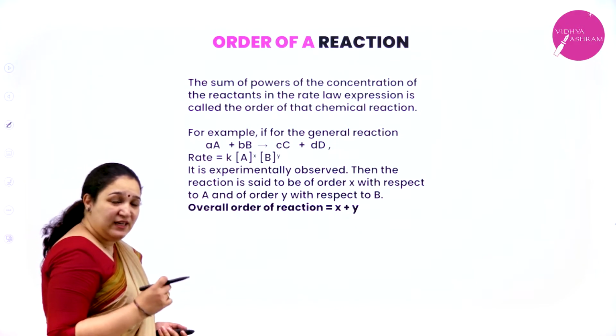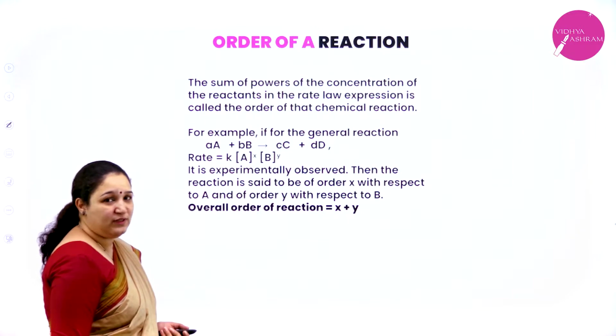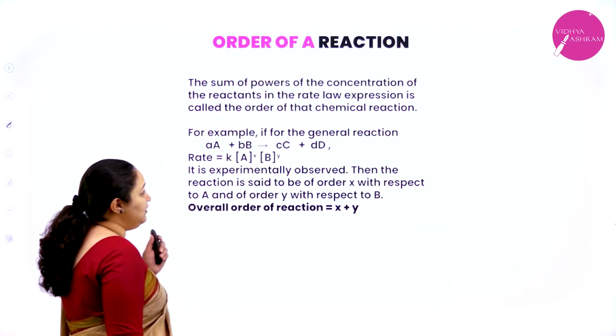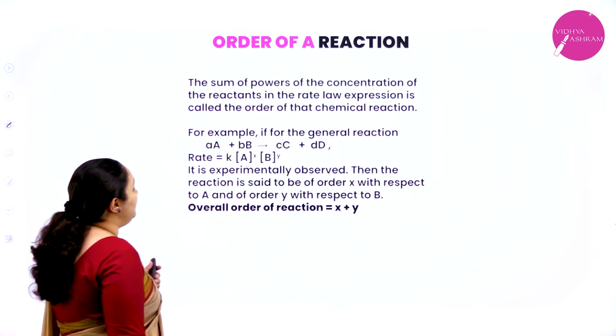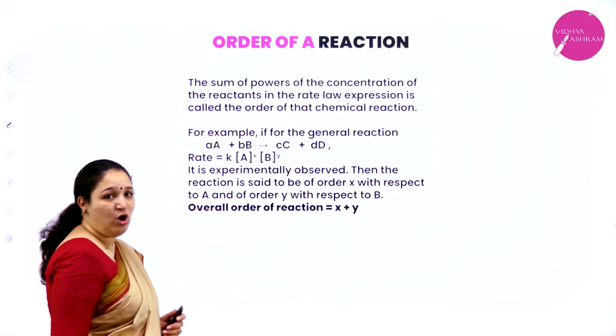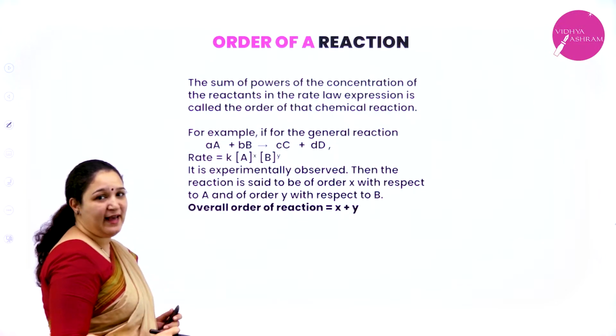First we will see the definition of order of the reaction. The sum of powers of the concentration of the reactants in rate law expression is called the order of a chemical reaction.